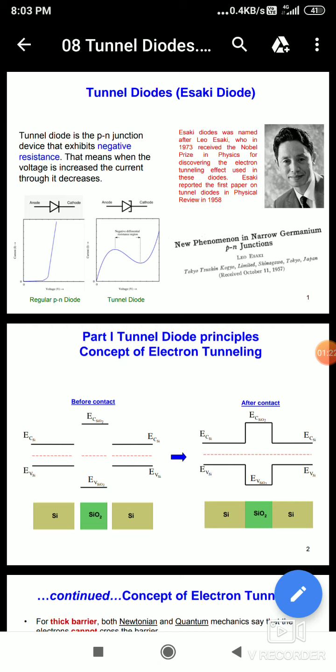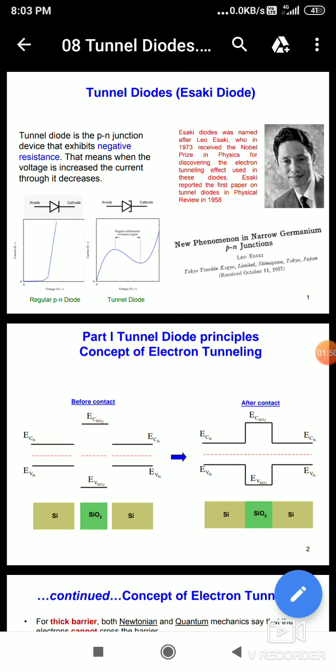We will discuss briefly what a tunnel diode is and how it works. Tunnel diode is one of the solid state electronic devices, invented by Leo Esaki in 1958. He observed that if a semiconductor diode is heavily doped with impurities, it shows negative resistance.